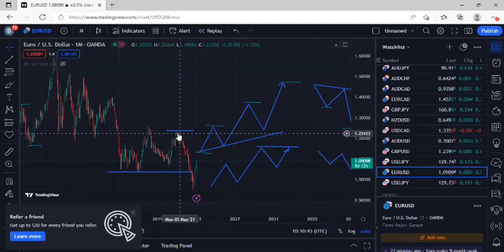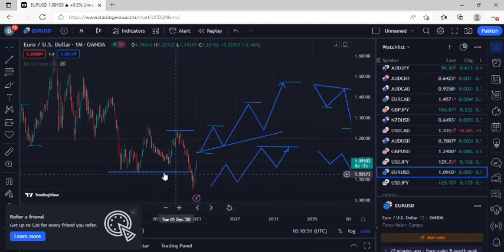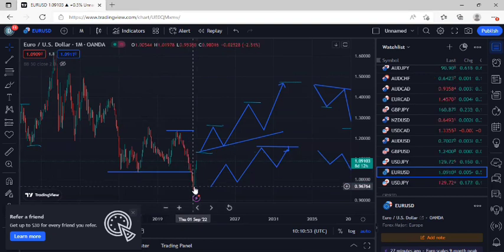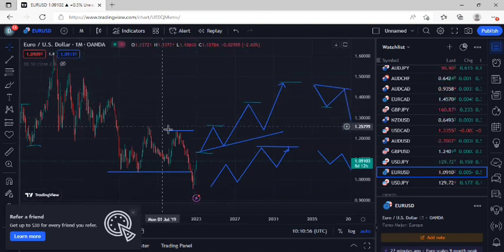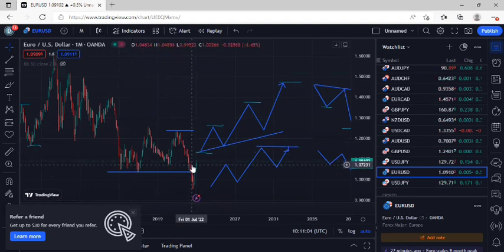But so far, the market has not broken this one. We are still in a downtrend because the break of structure here has confirmed the downtrend, and the downtrend is still continuing. We have a downtrend continuation. So any opportunity you want to look for in this Euro USD will be a sell opportunity.